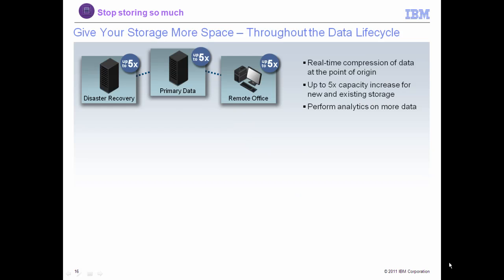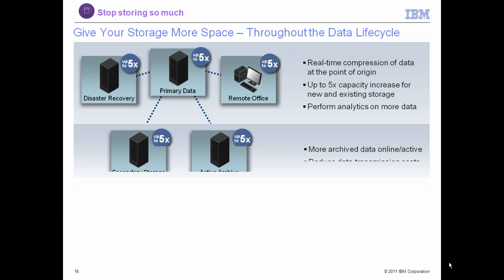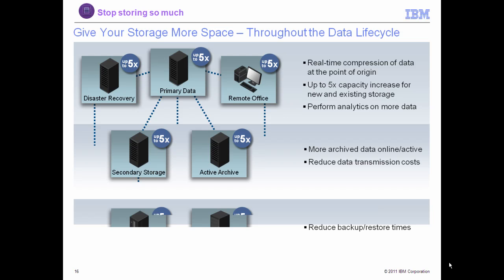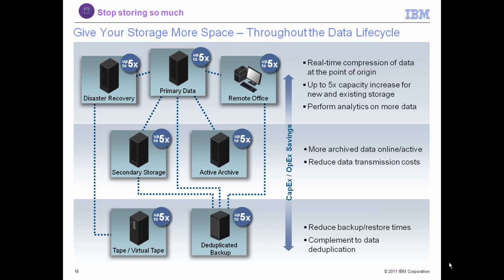So the key message is really the ability to give your storage more space, not only on primary storage, but throughout the data lifecycle. It's important to remember that whatever savings you get in your primary storage capacity, you're going to get in your disaster recovery environment, in your remote offices, in your archive environment or your secondary storage environment, as well as your backup environment, whether it be tape, virtual tape, disk-based backups, or even deduplicated disk backups.